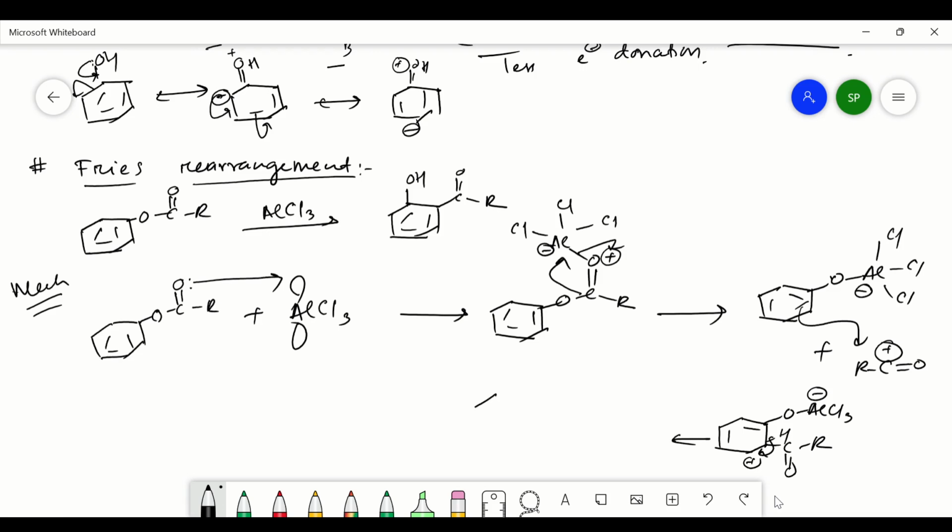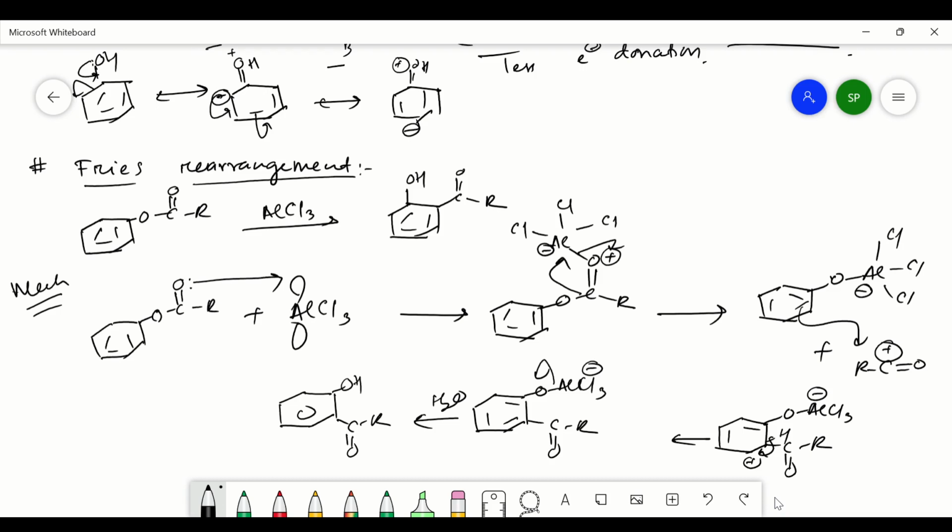So formation of COR and AlCl3 minus. Okay, in the next step, upon hydrolysis, this will break down and there will be formation of OH, C double bond O R plus AlCl3. The Lewis acid will come back. Okay, this is the Fries rearrangement.